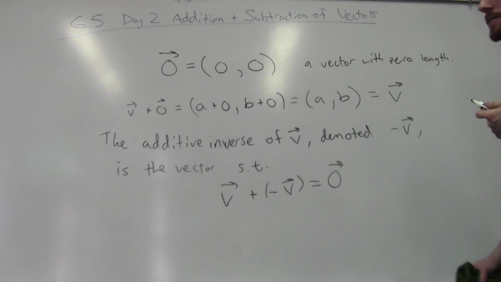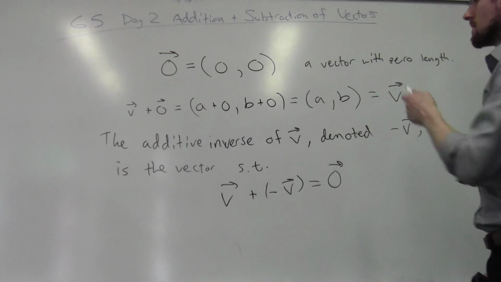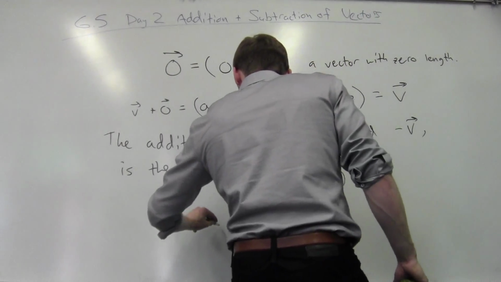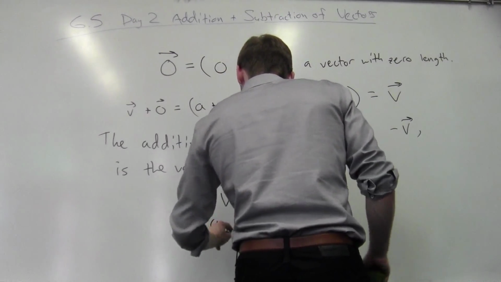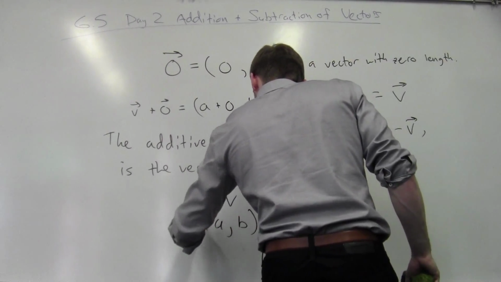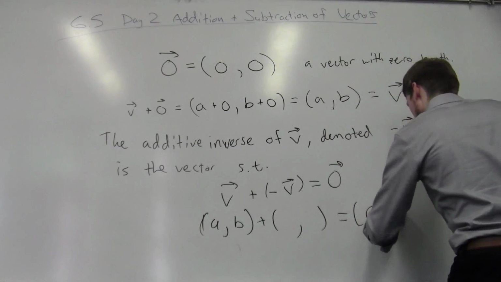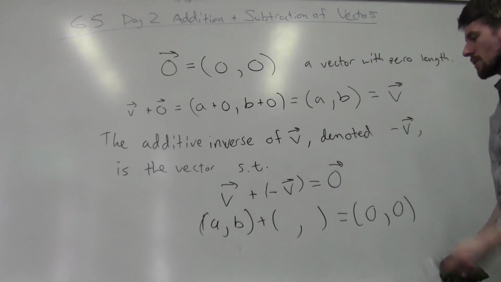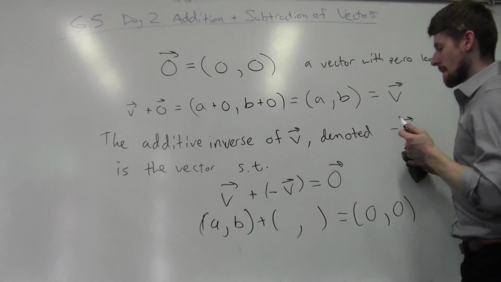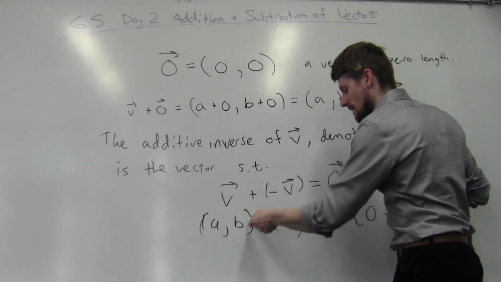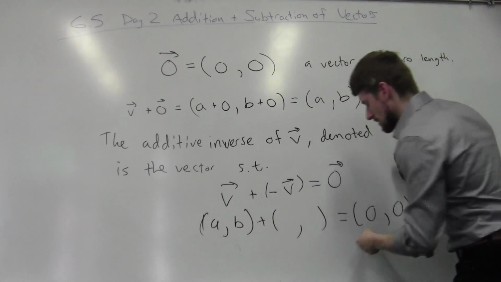So what is the additive inverse of V? If V is equal to the vector AB, well, you want AB plus whatever this vector is to equal 0, 0. So the only way for this to happen is, because these first components add and the second components add, how do I get 0?